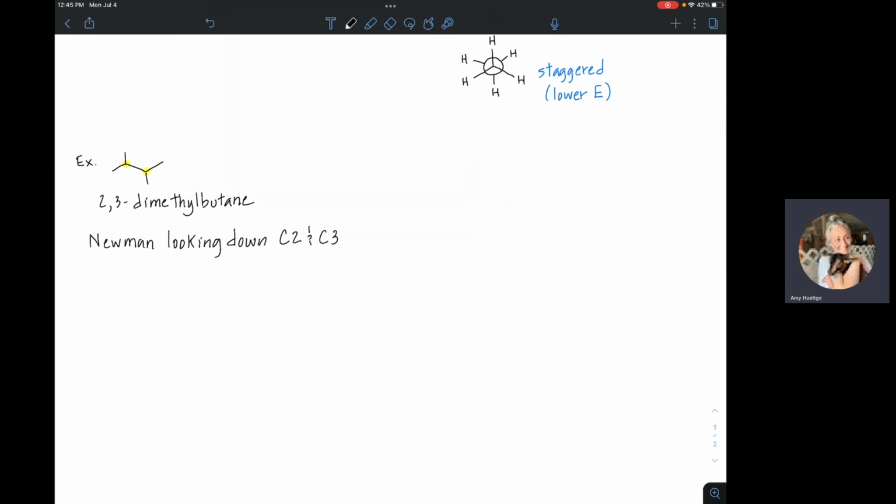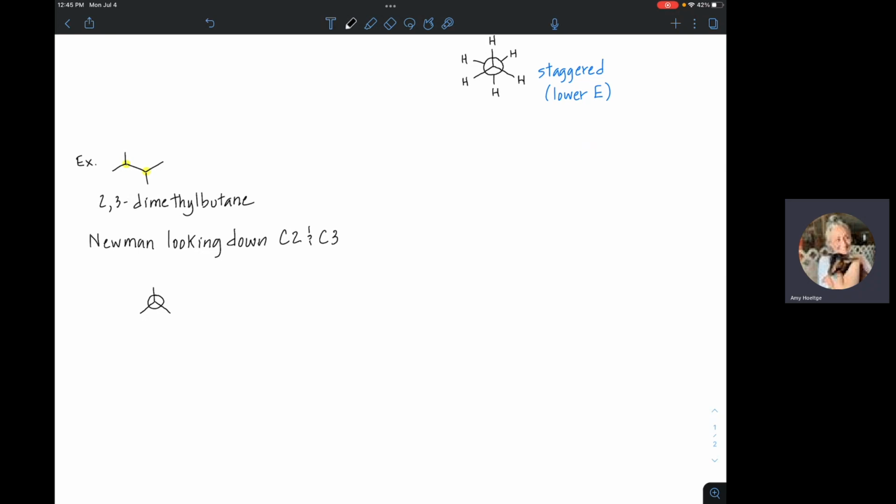So in one conformation, we have our carbon in the front there. That's sort of like our little peace sign in the front that we see. That carbon is carbon 2. On carbon 2, we are staring down the single bond between carbon 2 and 3.